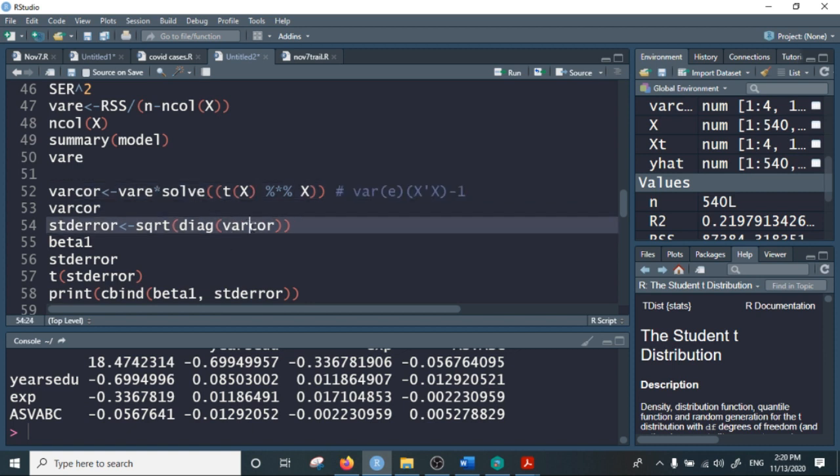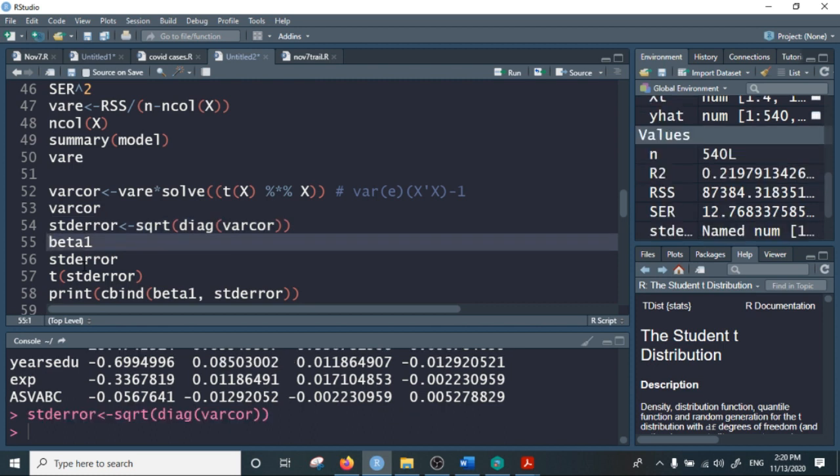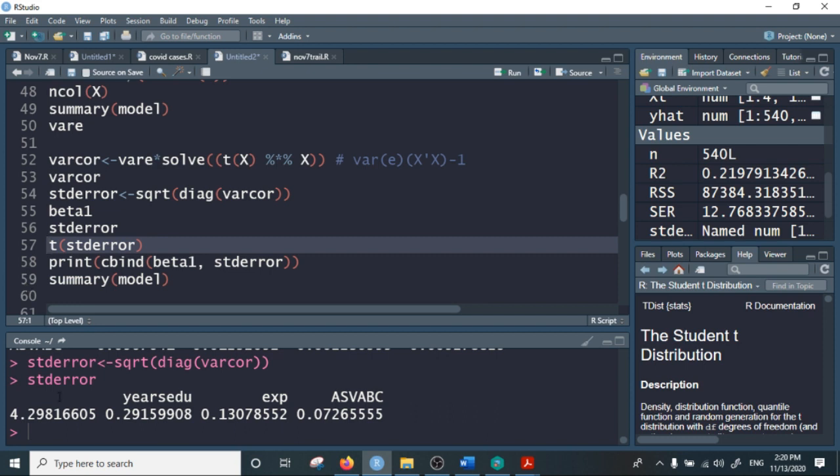So we first extract the diagonal element from this matrix, and then find the square root and save them in the vector standard error. So the standard error vector saves the standard error of the regression coefficients, which have been extracted from the variance covariance matrix and by finding a square root of them.